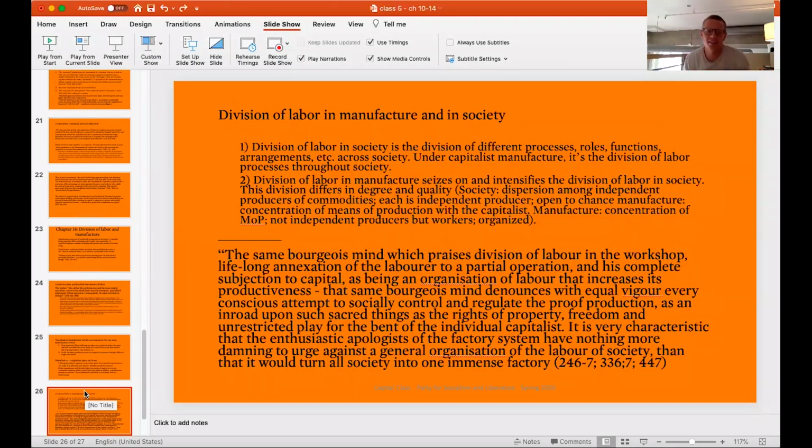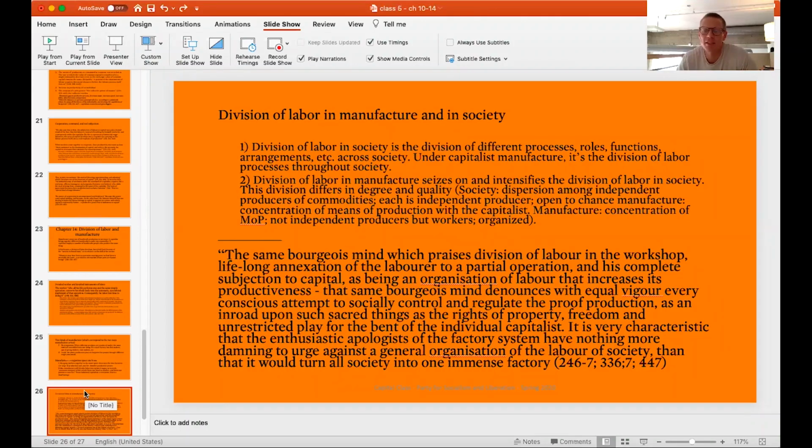And then Marx notes that the same bourgeois mind which praises the division of labor in the workshop, and the workers' complete subjection to capital, opposes with equal vigor every attempt to control and regulate the process of production as a whole.